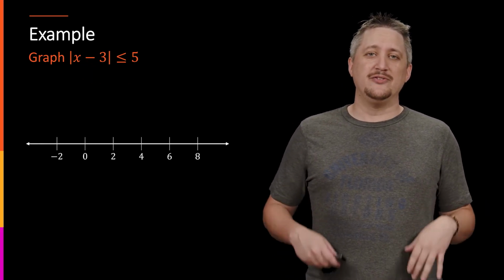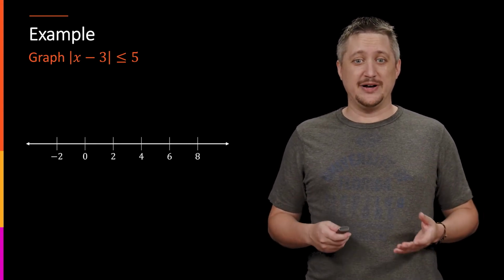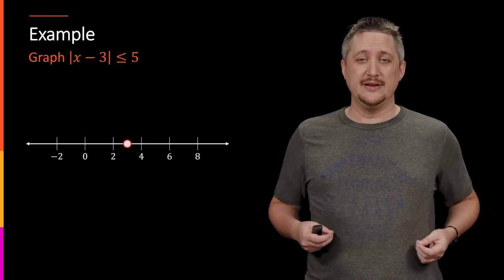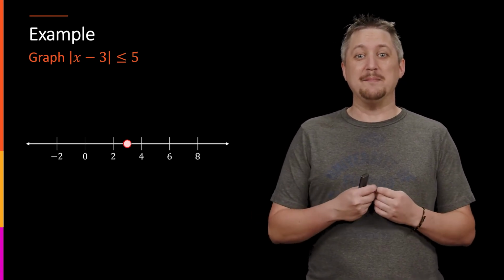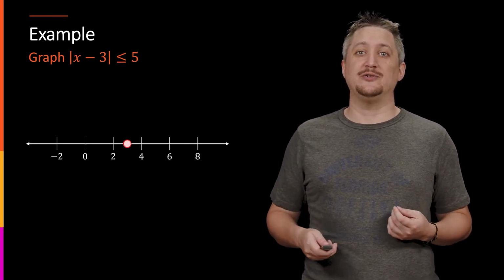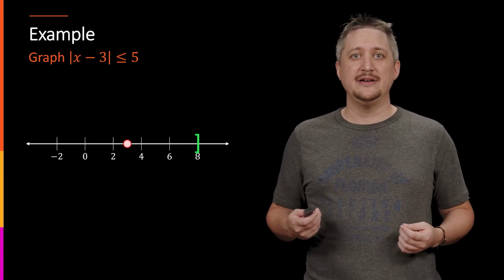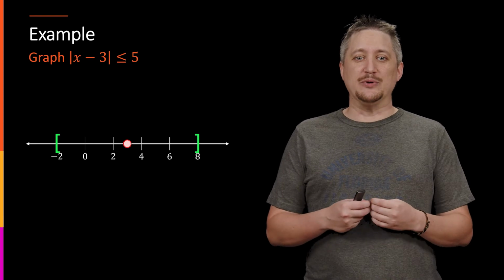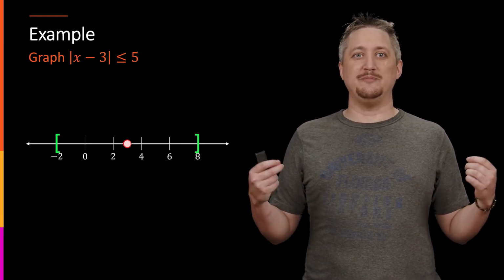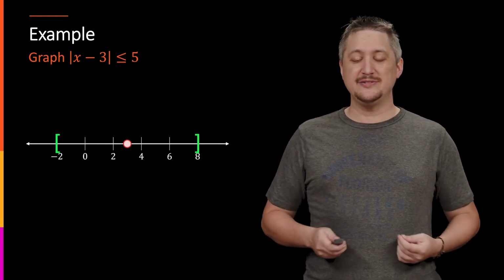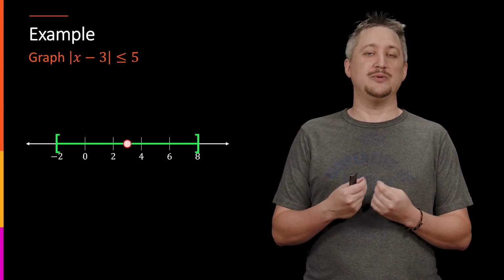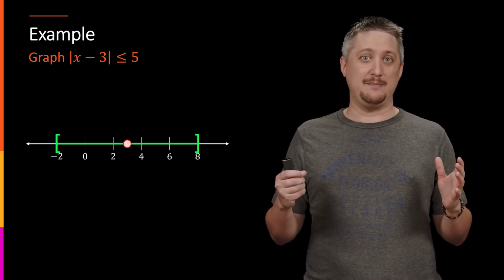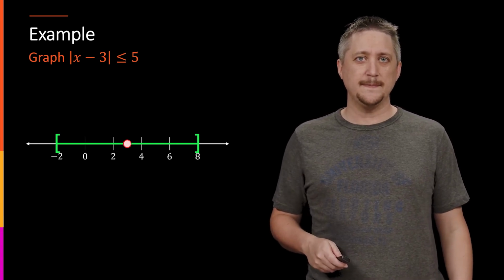So I put down 3 and go to the extreme. I'm at most 5 away from 3. If I go to the right, that would be 8. If I go to the left, that would be -2. I'm at most that far away, so I'd be that far or less, meaning my total solution is anything between -2 and 8.